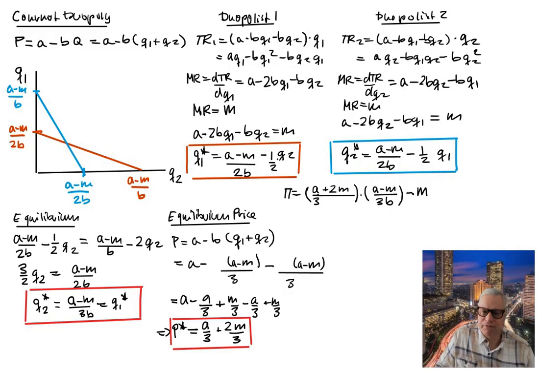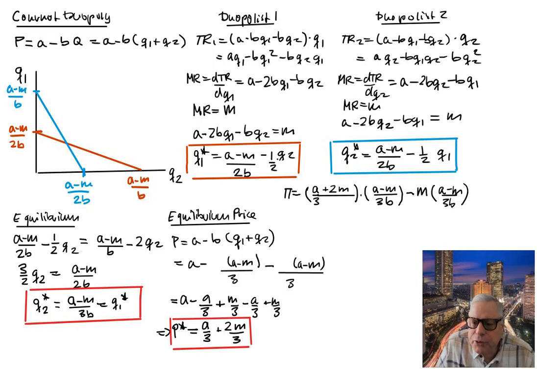That will be then total variable cost, so minus M times the optimum quantity, which is (A minus M) over 3B. So the first term is total revenue, and then the second one is total cost.